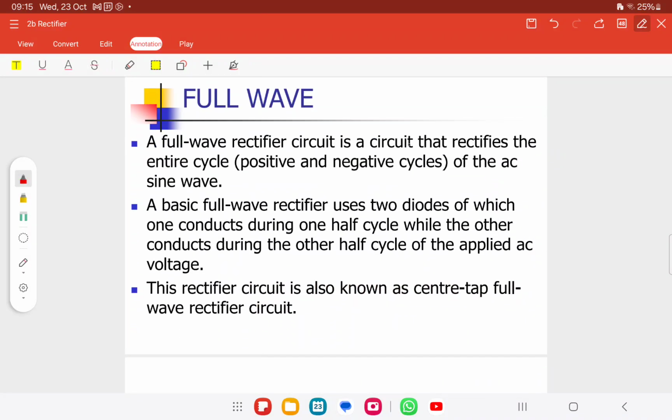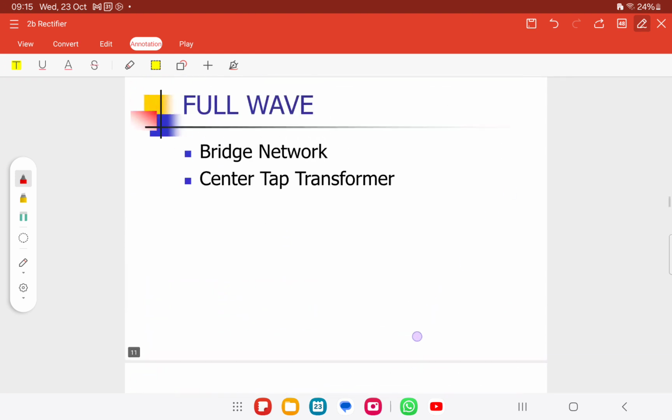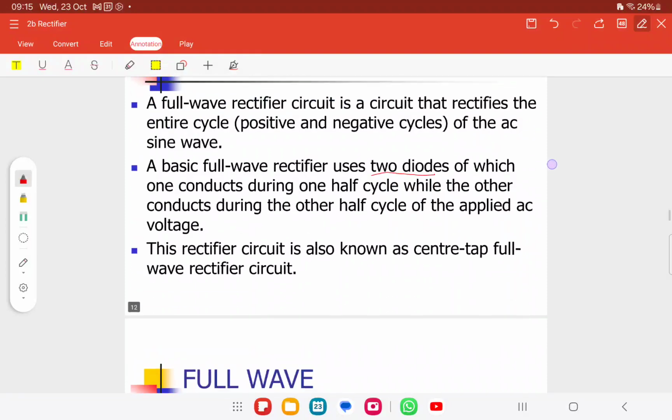Okay, circuit that rectifies the entire cycle. Kalau just now kita rectify only one cycle sahaja, for full wave, for both cycles. Tapi kalau tadi kita only use one diode, so now dia guna 2 diode ataupun 4 diode, depends on 2 types of circuit yang kita ada ni. Bridge dengan center tap.